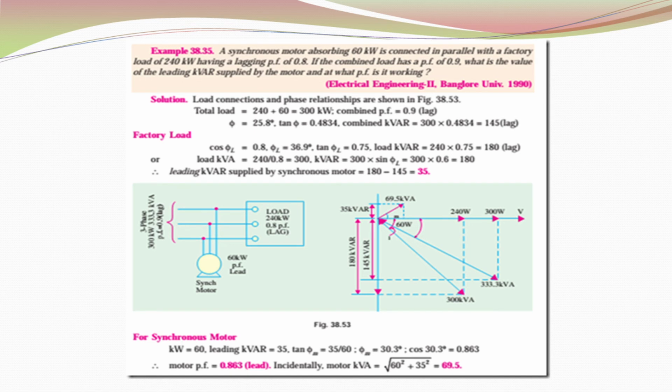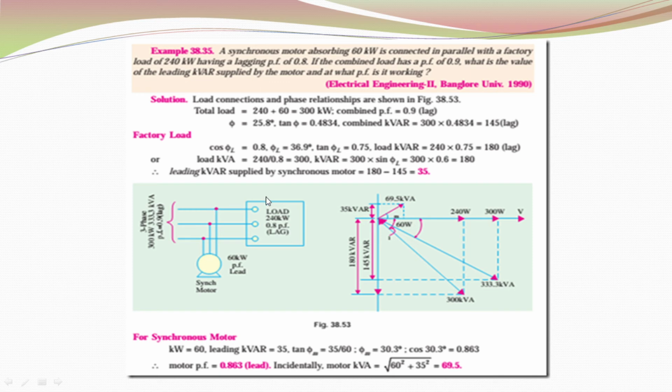Factory load cos phi L is equal to 0.8, that is phi L is cos inverse of 0.8, that is 36.9 degrees, and tan phi L will be equal to 0.75, and load kVAR is 240 into 0.75, that is 180 lagging. Load kVA is 240 by 0.8, that is 300, and kVAR is 300 into sin phi L, that is 300 into 0.6, because cos phi is 0.8, sin phi is 0.6. So the kVAR value we got is 180.